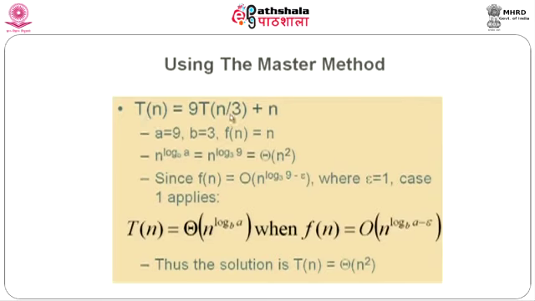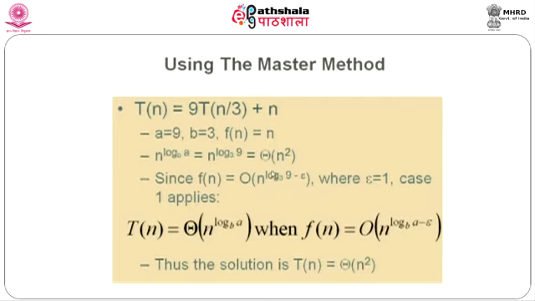Here you can see very well a is going to be 9, b is going to be 3 and f of n is going to be n. I have to compare this with n power log b a. If I substitute everything, I am getting n square. Suppose f of n is going to be n, it can be fitted into this particular formula, because for the epsilon value of 1 this is satisfied.